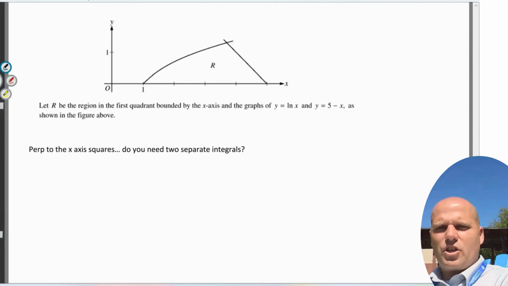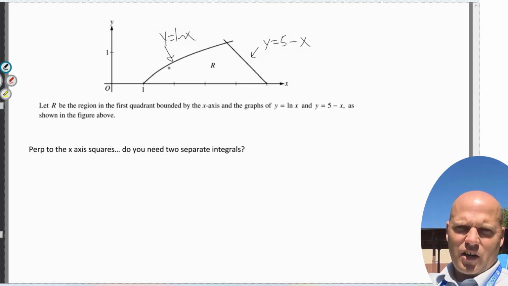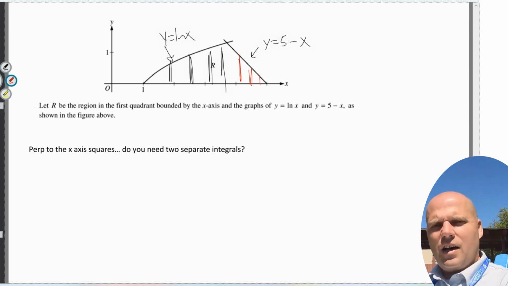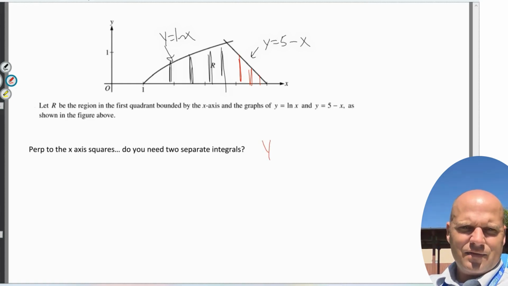Perpendicular to the x-axis, squares. Do you need 2 separate integrals? Well, let's think about it. If this is y equals log x and this is y equals 5 minus x, if I start accumulating these vertical guys, yeah, I need 2 integrals because we start changing what the heights are. The answer is yes.